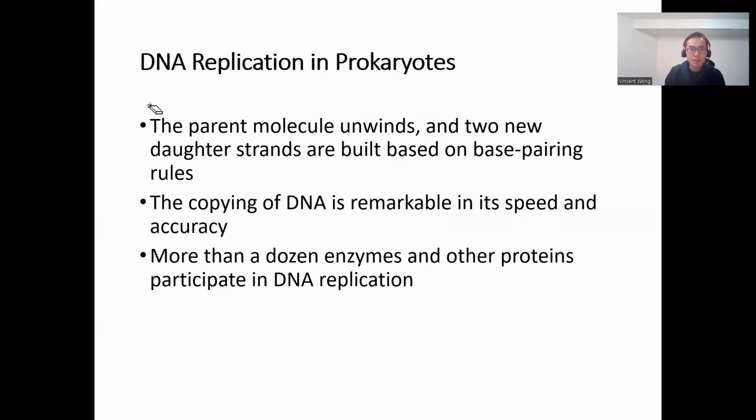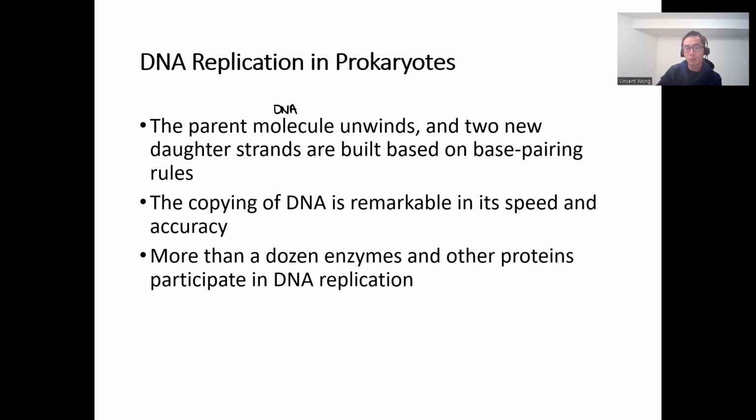So in the process of DNA replication, the parent molecule, the parent DNA, unwinds, and two new daughter strands are built based on the base pairing rule. And it is actually very, very fast.